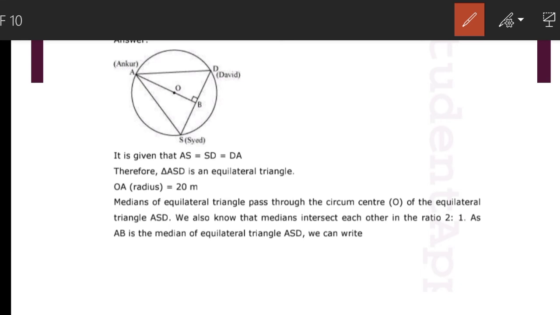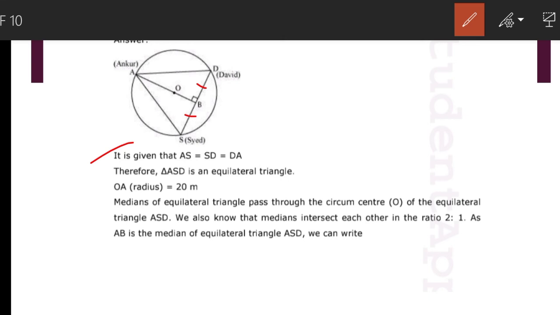So we can say that SB and BD are equal because a line drawn from the center of the circle always bisects the chord. In the question it is given that the distances between the friends are the same. So AS is equal to SD is equal to DA. All sides are equal, so we have an equilateral triangle.